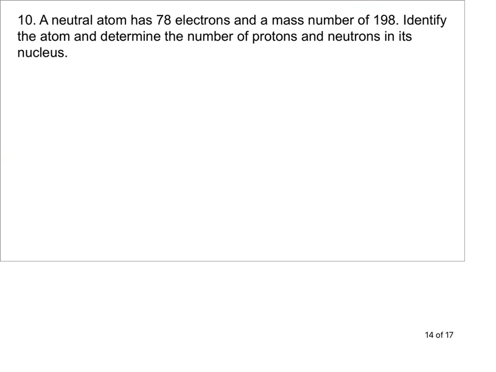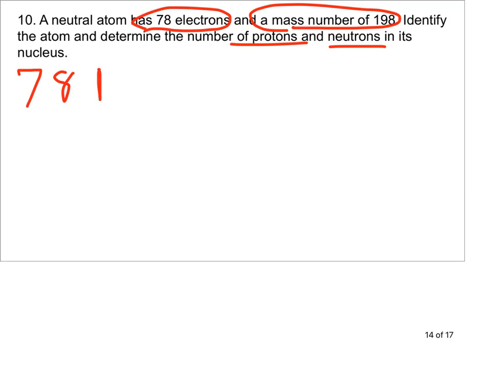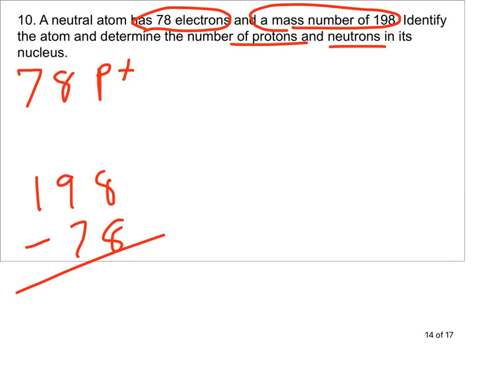Number 10, we have 78 electrons. Mass number 198. We want to know number of protons, number of neutrons. Number of protons has to be the same as number of electrons, so it's easy. Number of neutrons, we will take 198 minus the 78, and we get 120 neutrons.